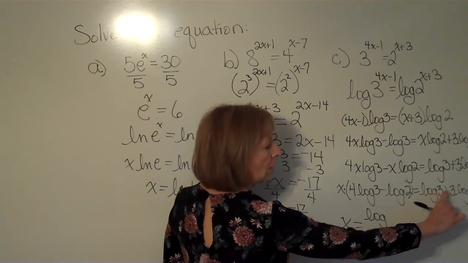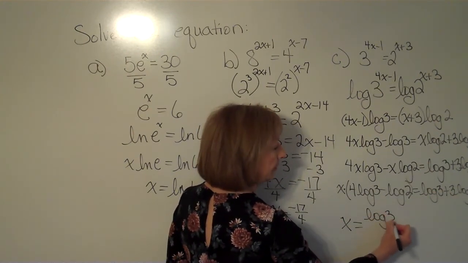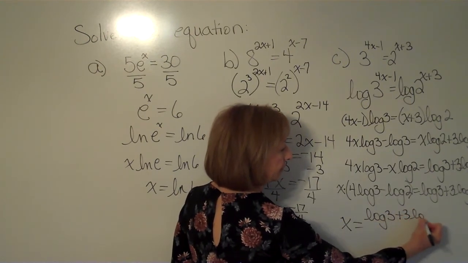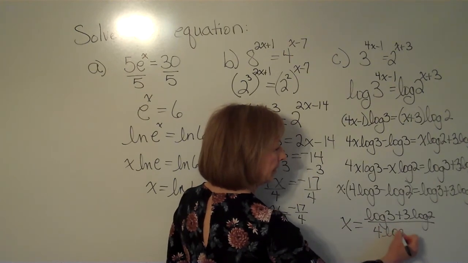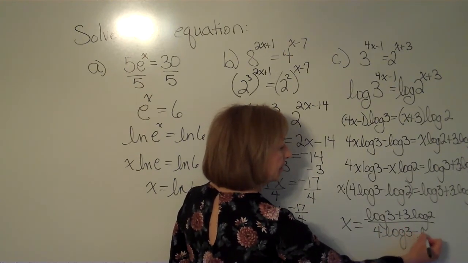So x is equal to log 3 plus 3 log 2 divided by 4 log 3 minus log 2.